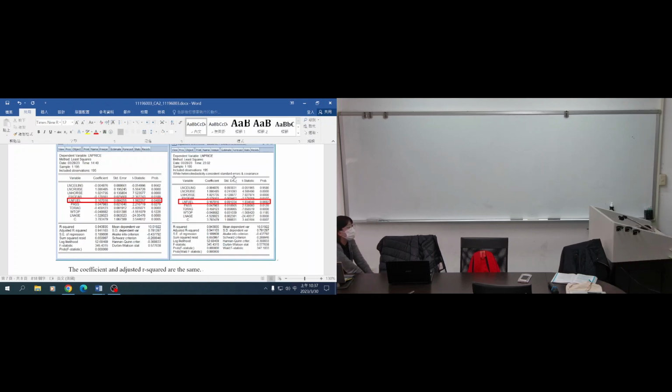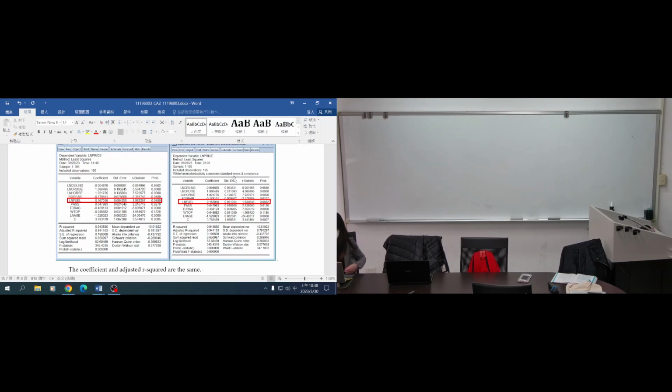And I spotted that LM fuel has the most significant change. If we just look at the probability part, there's not much difference between these two, but for LM fuel, since our confidence level is at 95%, which is alpha equals 5%, it was significant, but after the correction, it became not significant.